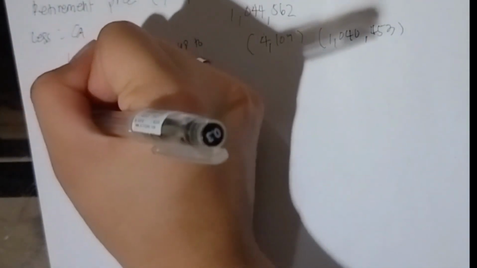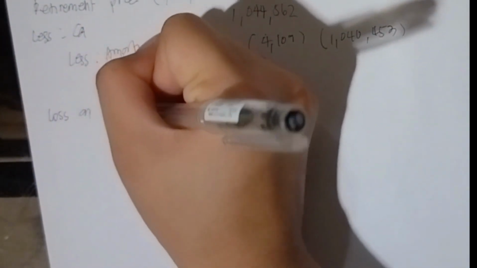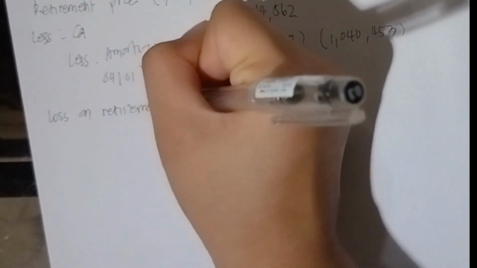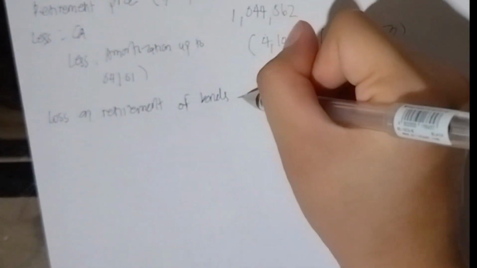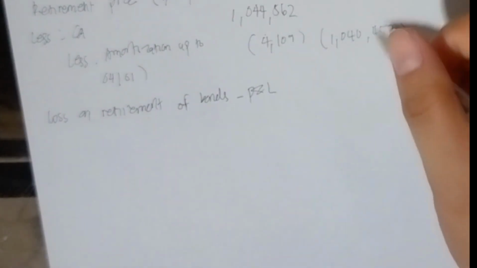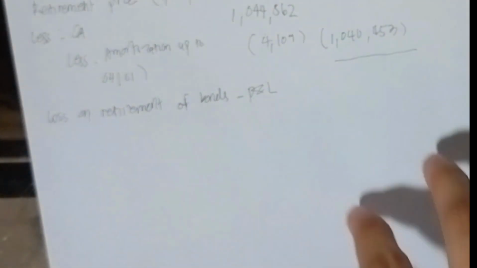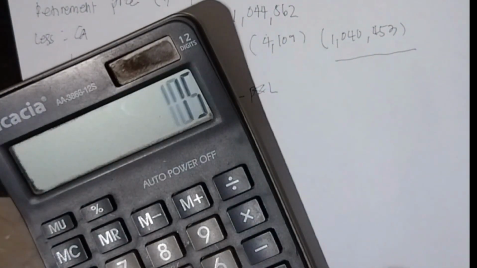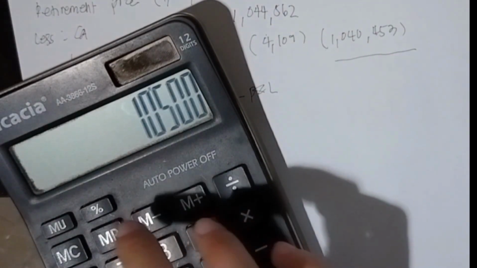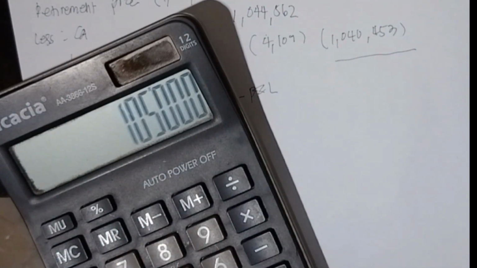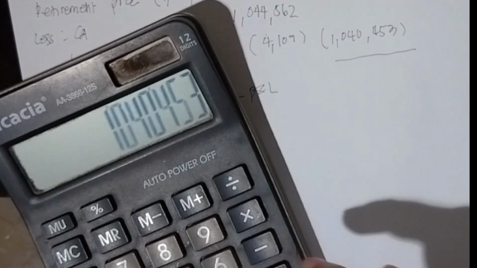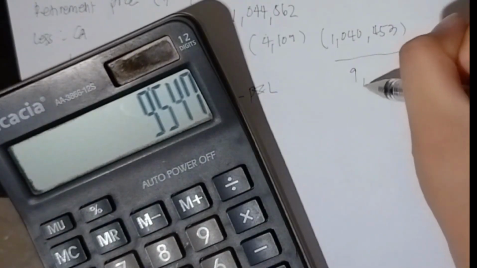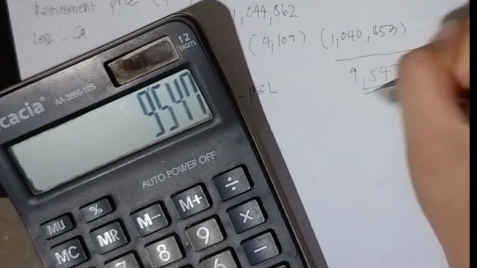So the loss on retirement of bonds recognized in P&L is equal to 1,050,000 minus 1,040,453 is equal to 9,547.